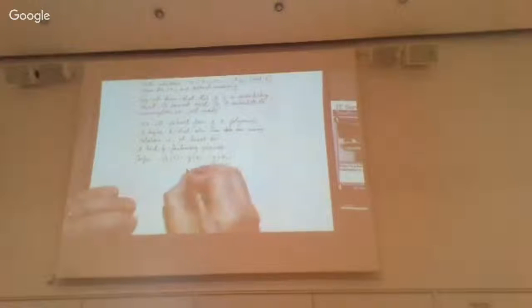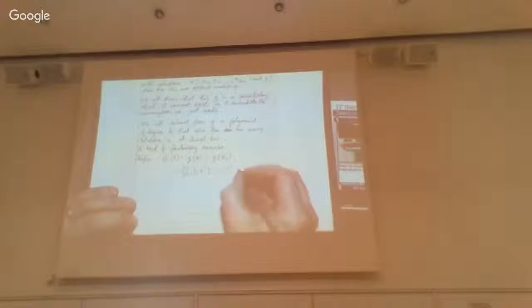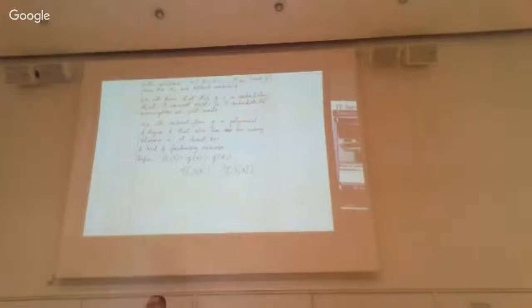Well, using the definition of g, this is the summation of bi x to the i minus the summation of bi x naught to the i. Little g is a polynomial, so g of x is that summation, and g of x naught is this summation over here.